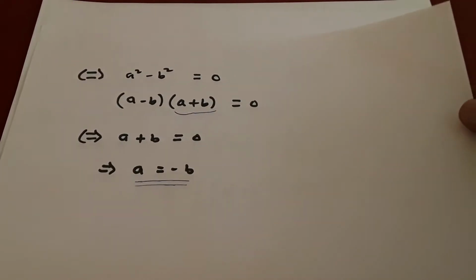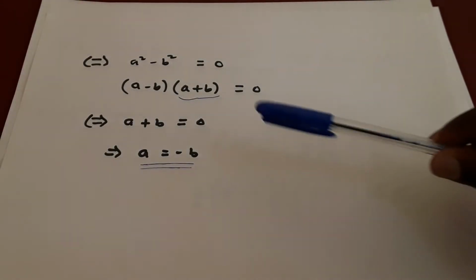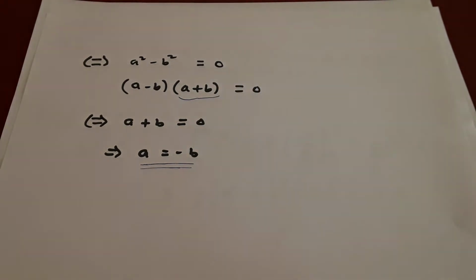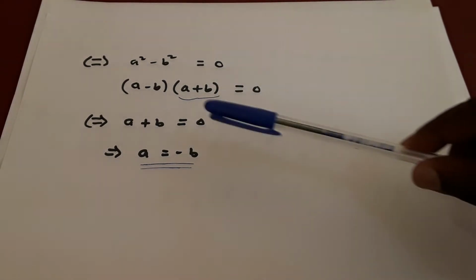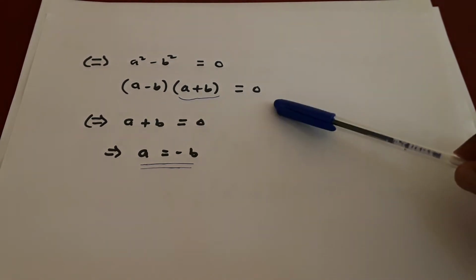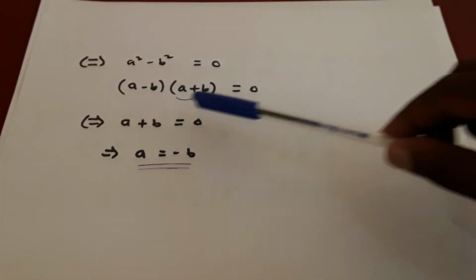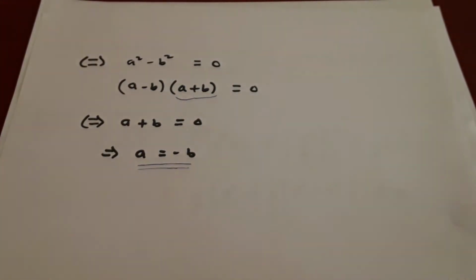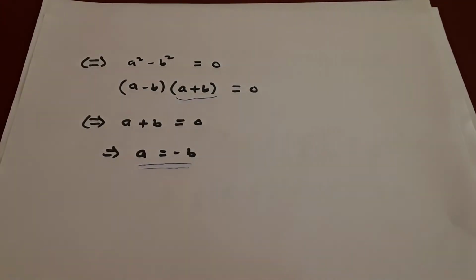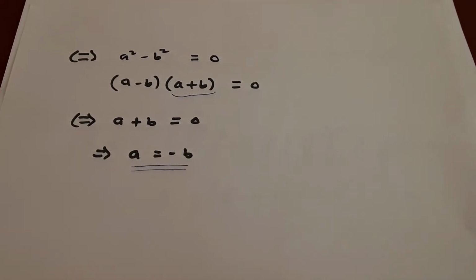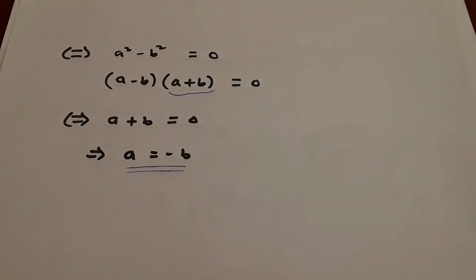So this leads to a squared minus b squared being 0. You can factor it as (a minus b)(a plus b) equals 0. a minus b is not 0. Why? Because a is not equal to b. Had it been a minus b is 0, you would say a equals b, which contradicts the premises.